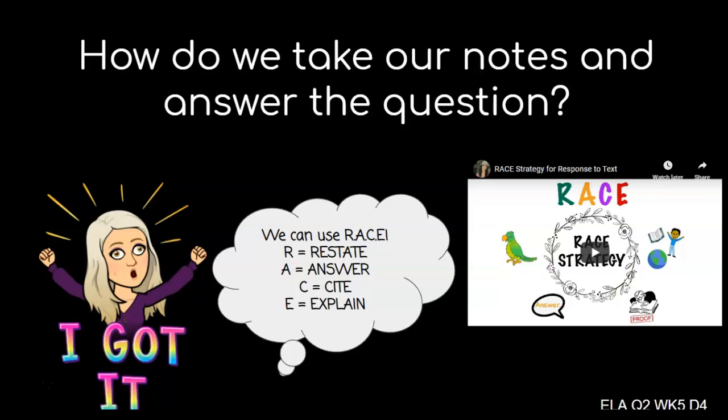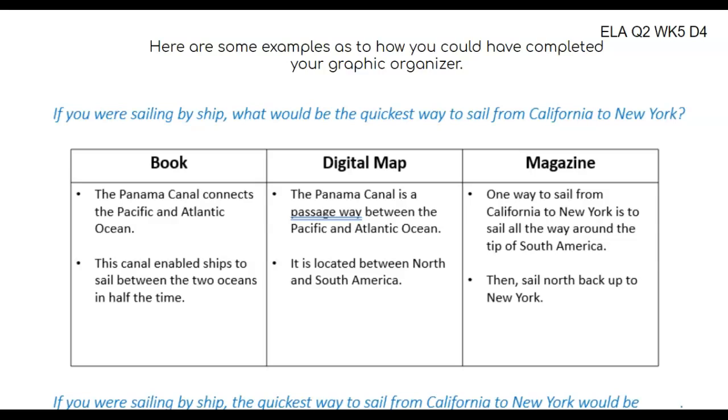We had to do some of that research. So citing is so important, that we want to show where we got this. And a lot of times you just have to say according to, so according to the book, and whatever the title may be, according to this digital map, or according to the magazine.